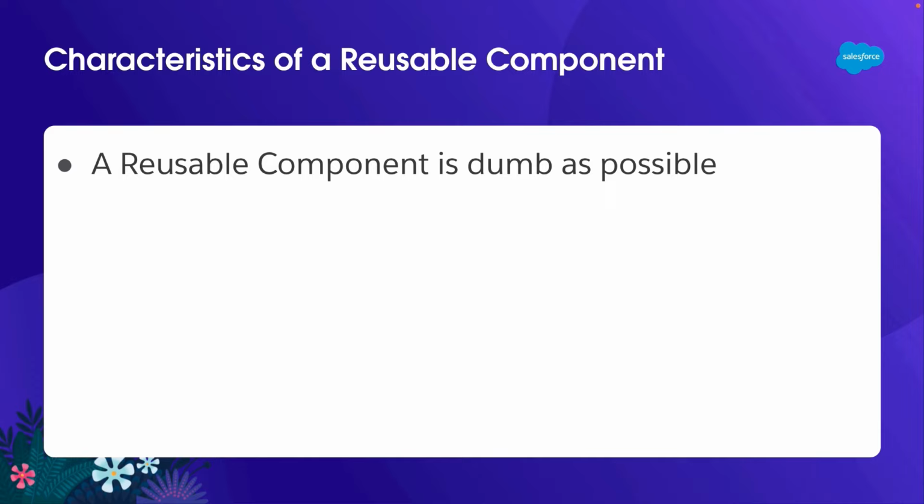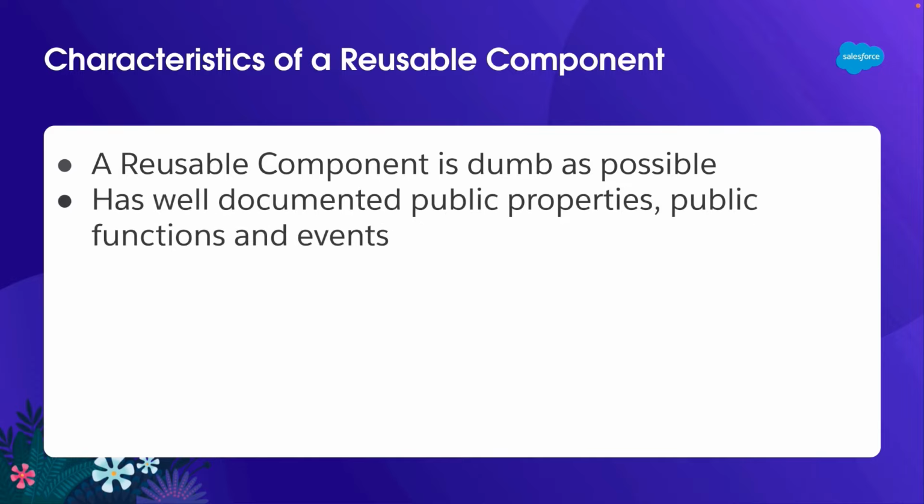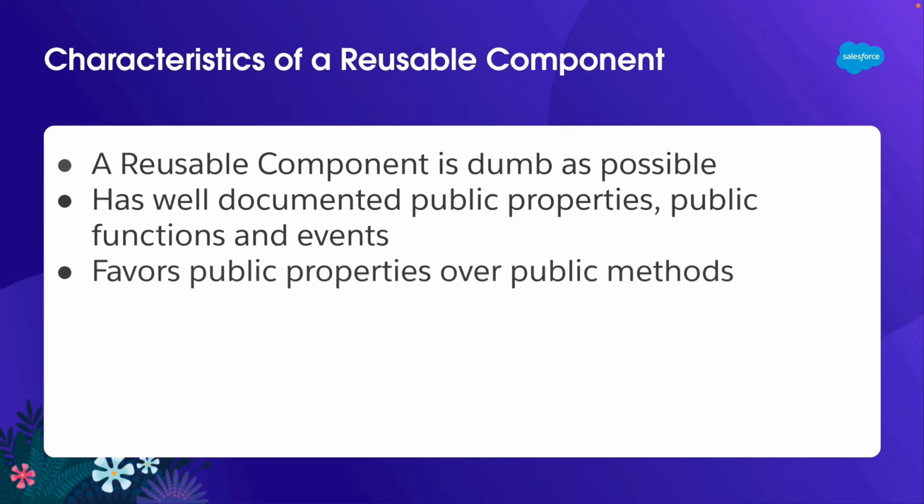The next best practice is make sure you well document the public properties, the public functions and events of a reusable component. And finally, when you are building these reusable components, favor public properties over public methods. The reason is that your public properties can be set from different places and the entire re-rendering of the component can happen.